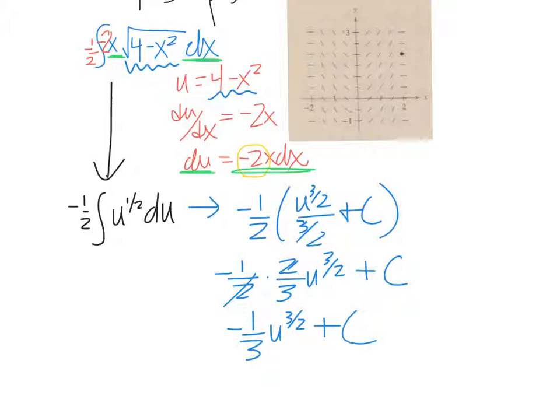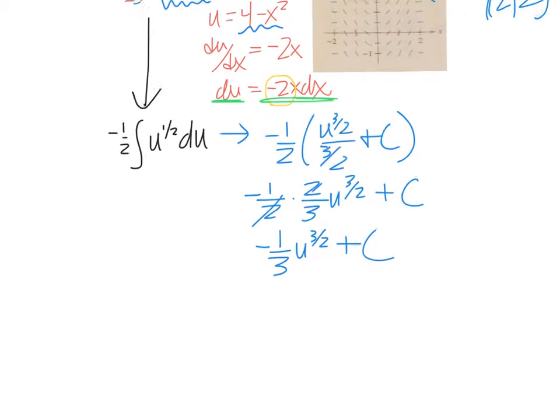Now we do actually have some information because we do have a point way back up here in the beginning. I know that the original function goes through the point 2, 2. I think it was 2, 2. Hold on, let's see. Yeah. So it goes through 2, 2. So I'm going to actually do the substitution here.